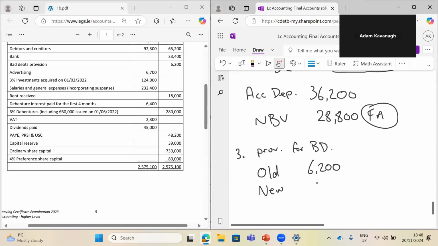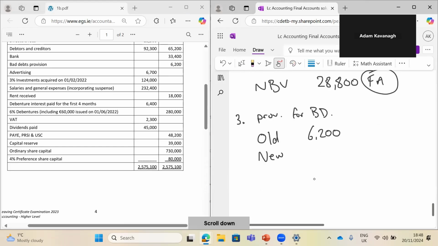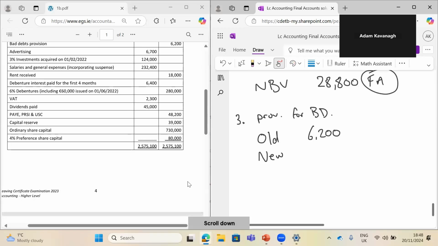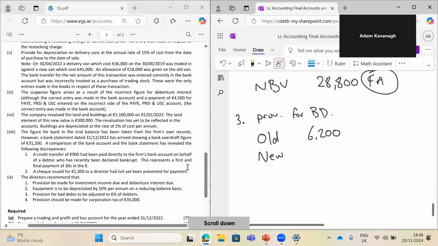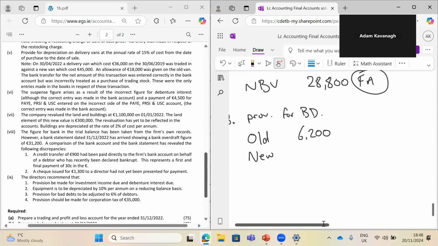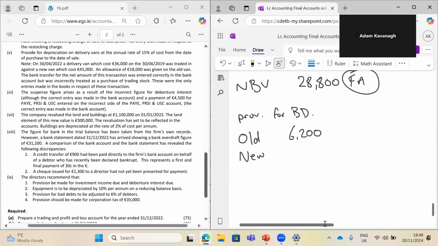Okay, the new provision just changed in adjustment number 8. It asks us to do a percentage of debtors, and in this question it says 6%. So you need to know, well, how much is debtors? So if you go to row number 8, you'll see debtors changed to 89,300.